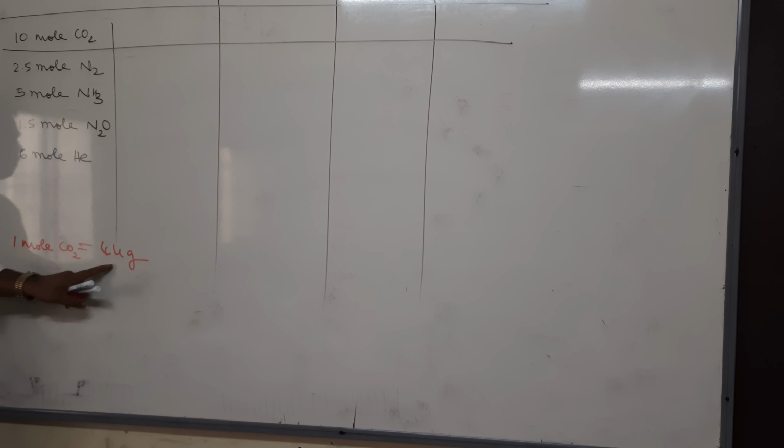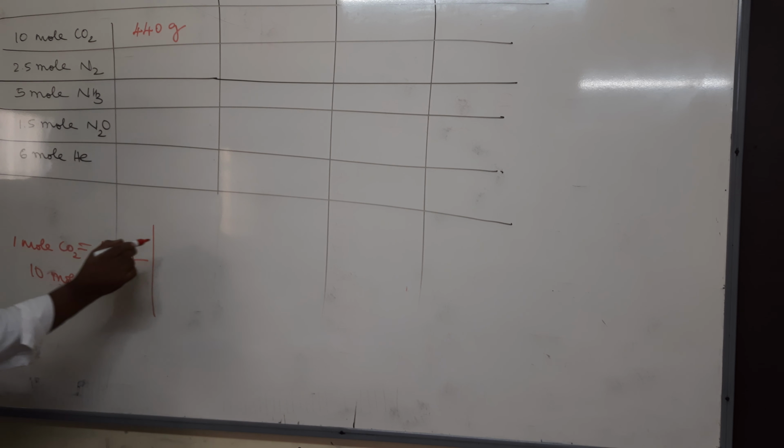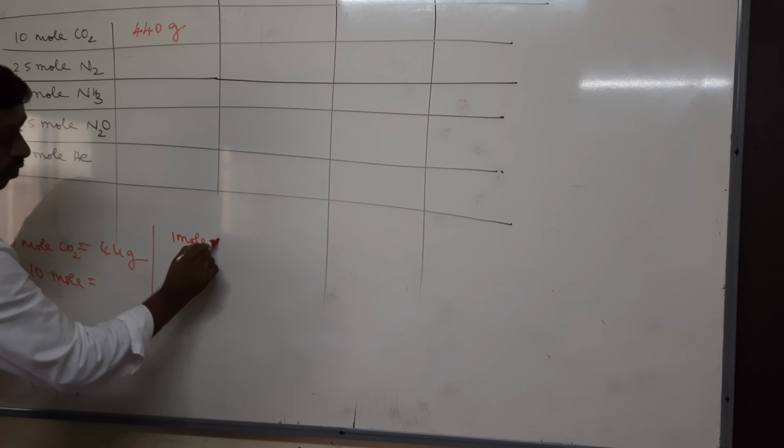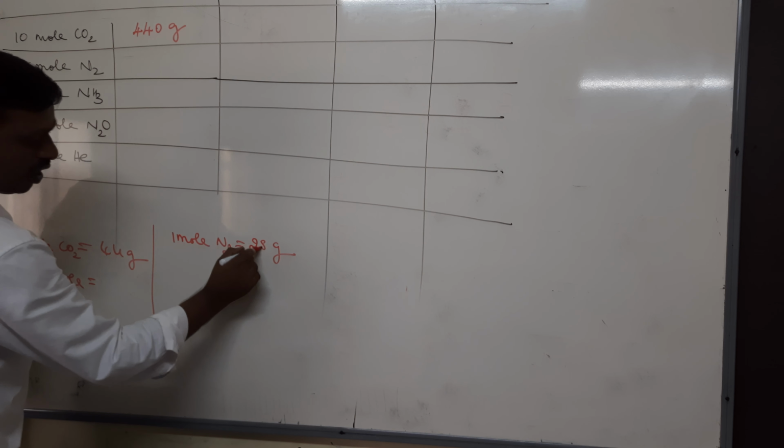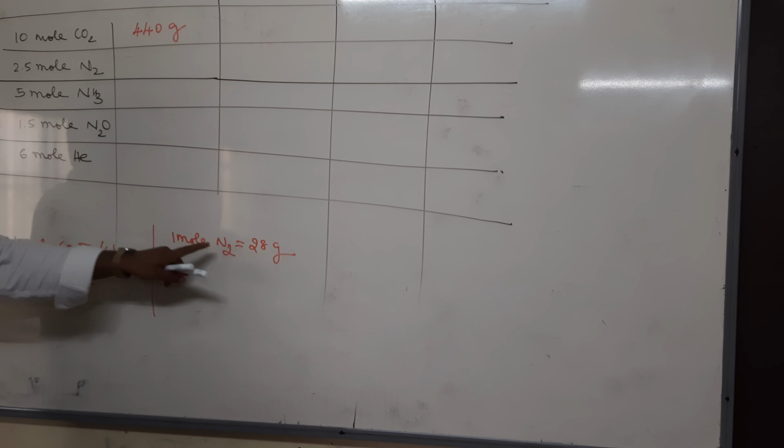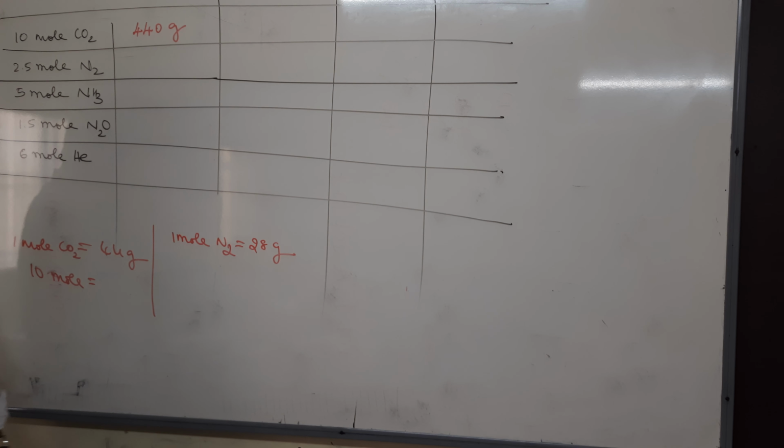Next, the second one: 2.5 moles of N2. First tell me, 1 mole N2 is equal to what mass? 14 or 28? 28 grams. 1 mole nitrogen is equal to 28 grams, because of molecular mass.